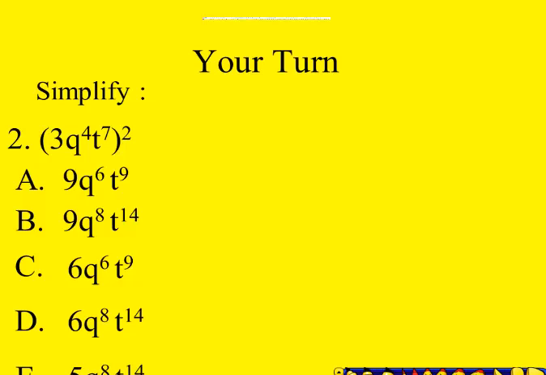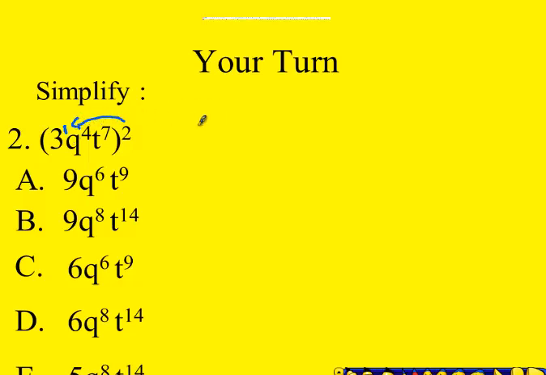Alright, last example. I have here the quantity 3q^4 t^7 raised to 2. So first step, I'm going to write the exponent of 3, which is 1. And then we are going to distribute this exponent to each of the exponents here.